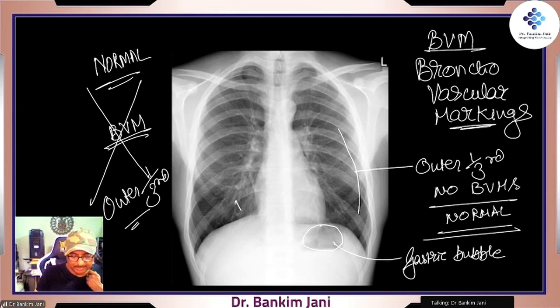Bronchovascular markings are these markings, like that shadow, the way it is going, all these dividing. They are called bronchovascular markings. This is seen very clearly, but only up to the outer one-third. The outer one-third has no BVMs, and that is considered normal. If present, then there is a problem.